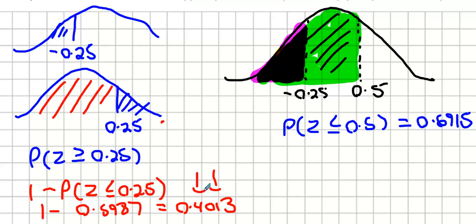All right, 0.4013. Now what I'm going to do with that is I know that this black region here is 0.4013. I'm going to take it away from this, 0.6915. What do you get when you take them away from each other? 0.2902. Is that right with you guys?